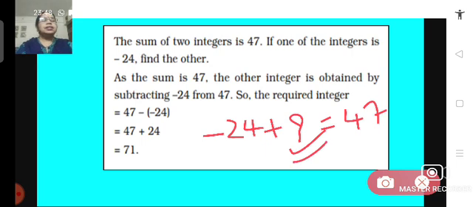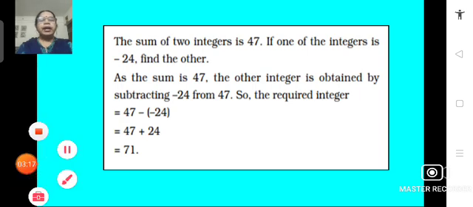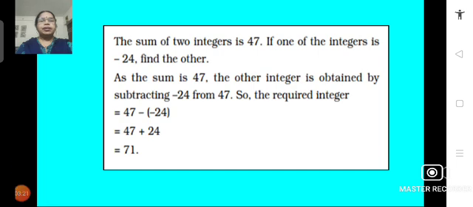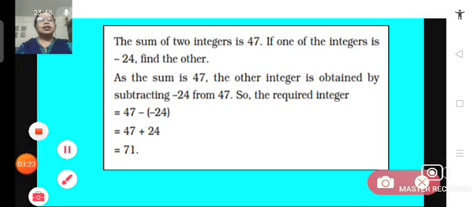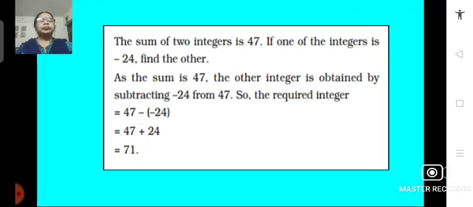Since the sum is 47, the other integer will be obtained by subtracting negative 24 from 47. So we have done this here, 47 minus negative 24. Now two negative signs will give us a positive sign. So it becomes 47 plus 24. And what do we get? We get 71. So the other integer is 71.